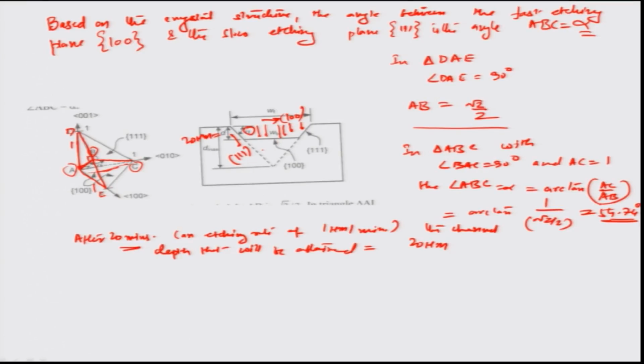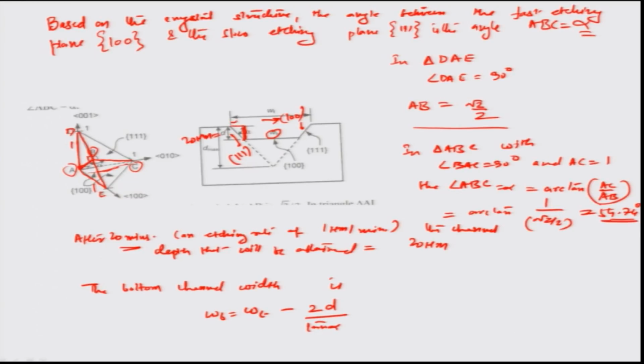The problem statement says that the vertical etching rate is 1 micron per minute. If we assume that, then with the D value and the angle value in this particular triangle, I should be able to get WB, the value corresponding to the bottom channel width. So the bottom channel width is given by Wt minus twice D by tan alpha, as can be seen here.